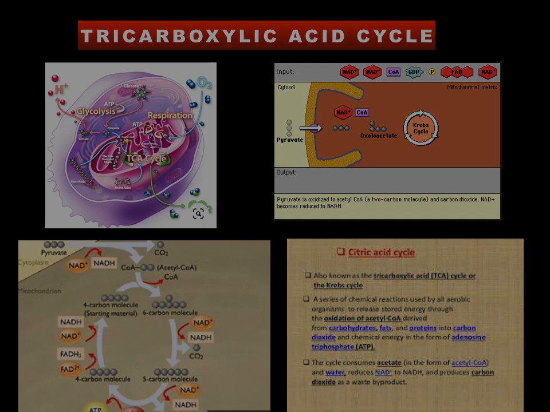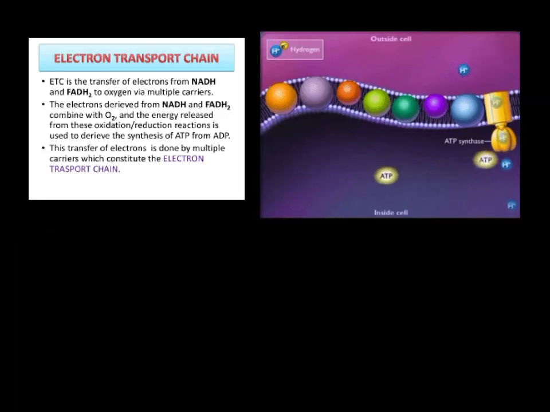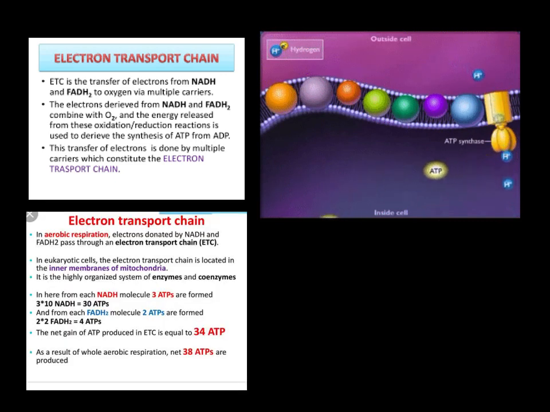In the third step, that is the electron transfer chain reaction, the reaction takes place only in the mitochondria. Molecules of NADH2 and FADH2 formed during all the above processes participate in the electron transfer chain reaction.